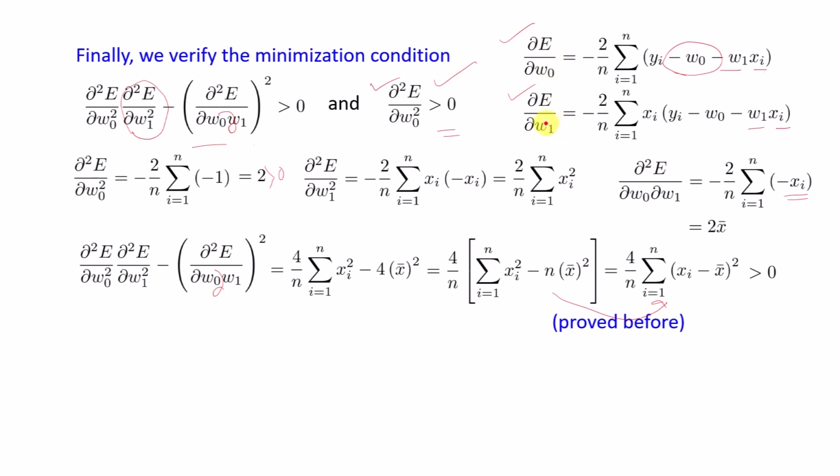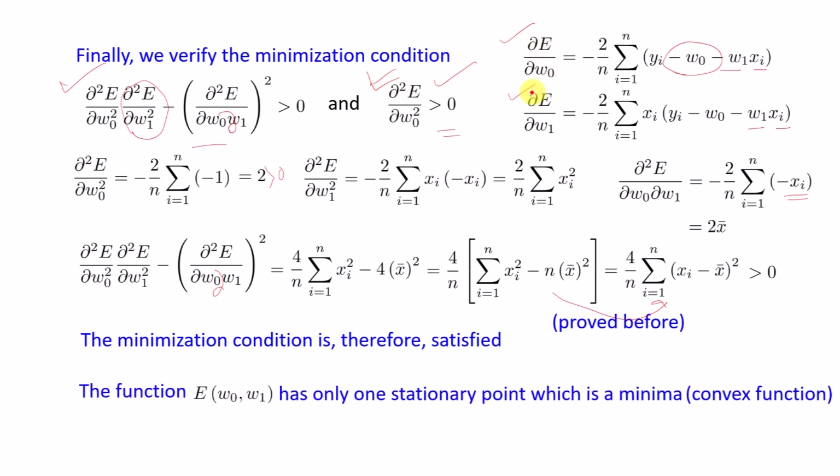So no matter what the value of W0 and W1 is, at every W0 and W1 point, this minimization condition is satisfied. What does it tell us? It tells us that at every point, this is greater than 0, this is greater than 0. So wherever I get this gradient to be 0, that point will be a minimum.